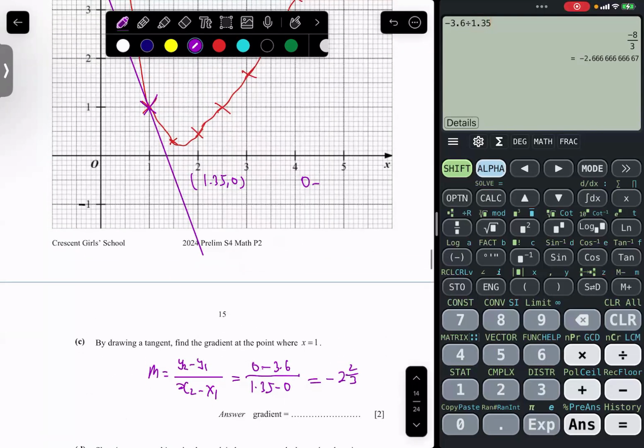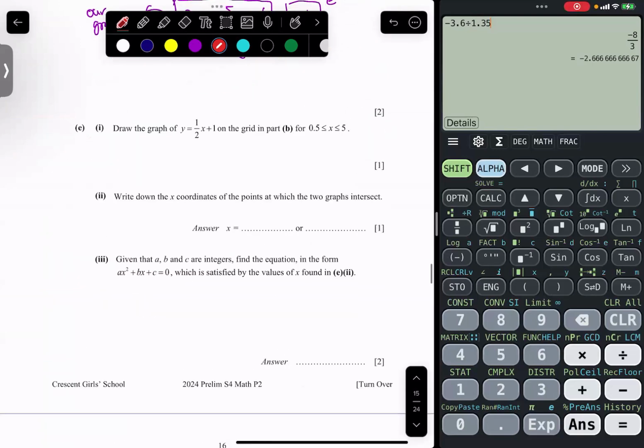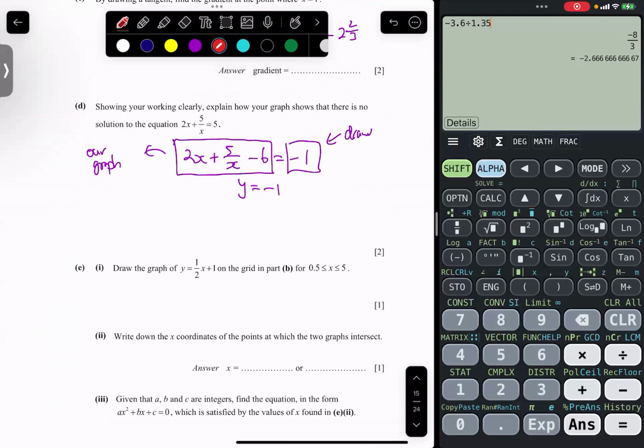Okay, so y equals negative 1. Okay, the line will be like this. Okay, so you can see that there is no intersection. So therefore, no solution. Okay, no intersection.